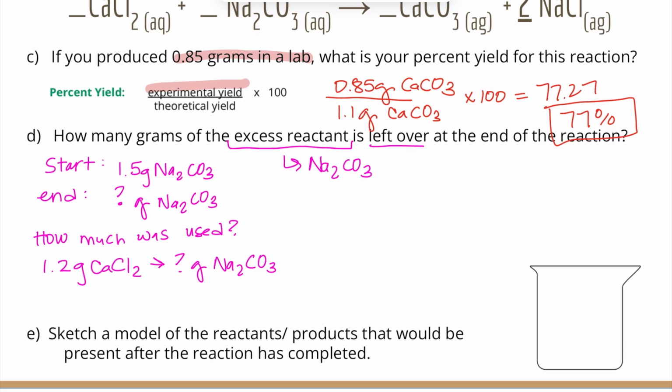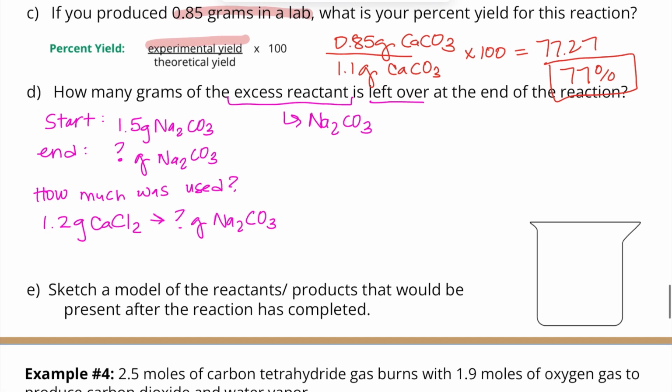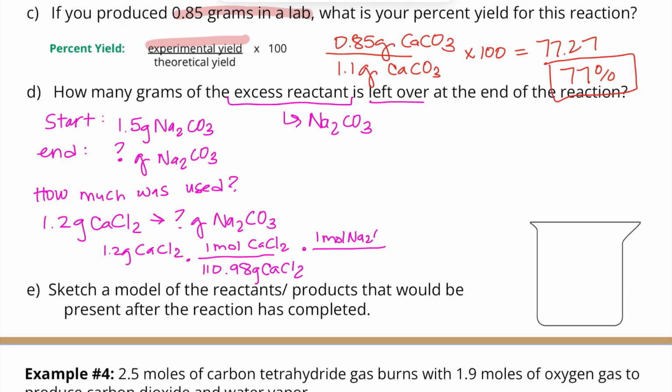So this is going to be another stoich problem. We have 1.2 grams of CaCl2. We need to go from grams to moles. We already had that molar mass from when we did our initial stoich. Now I need my mole ratio: 1 mole of Na2CO3 to 1 mole of CaCl2.